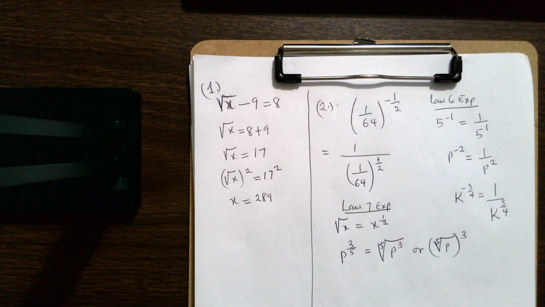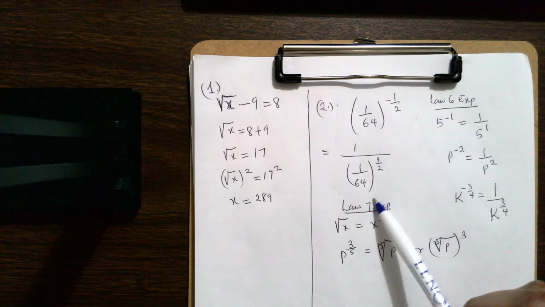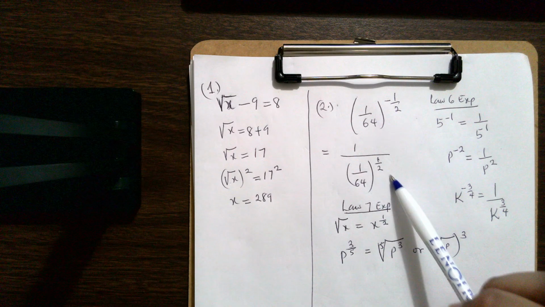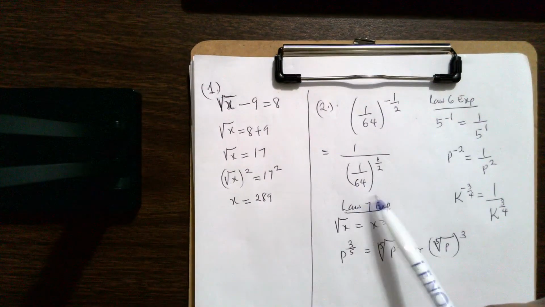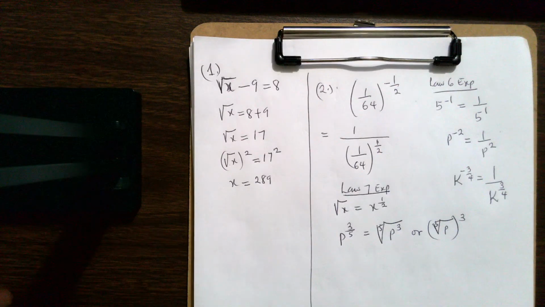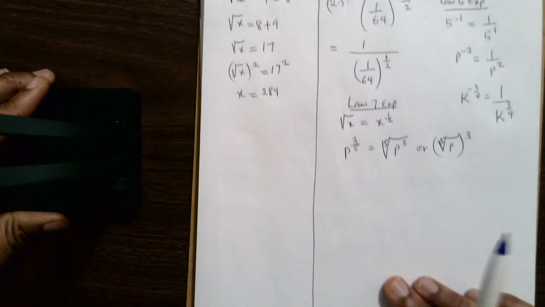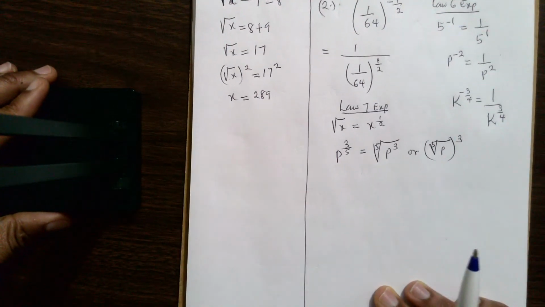So this is law 7 on exponents. When we have 1 over 64 exponent half in the denominator, this gives us the square root of 1 over 64.